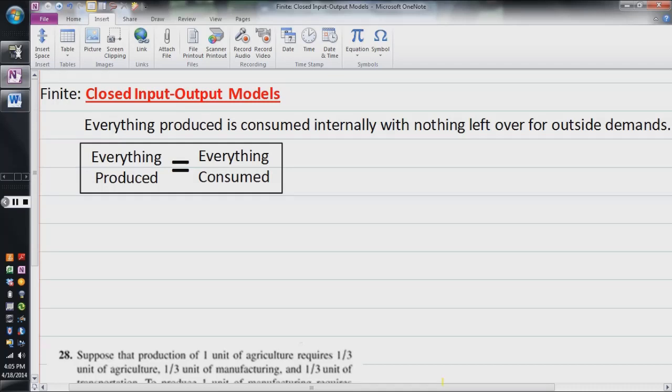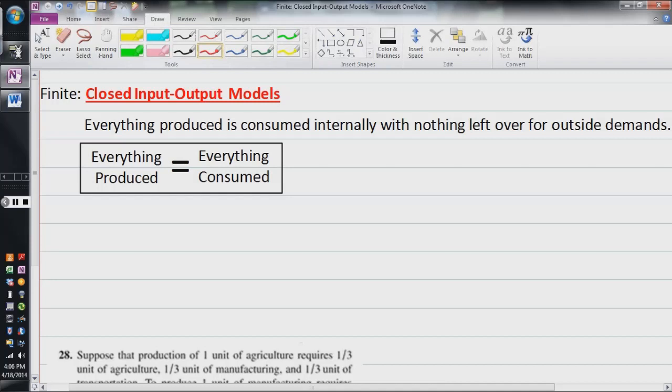So, since everything produced is equivalent to everything that is consumed, we can say that the matrix X is equivalent to the matrix AX, where X is our production matrix and AX is what we consume in creating X. And so, if I do a little bit of matrix algebra here, I can subtract AX from both sides.